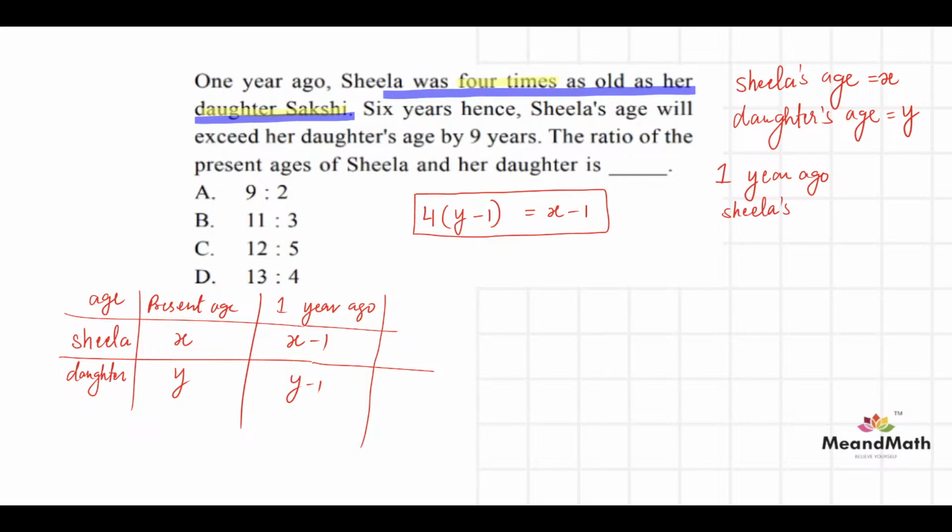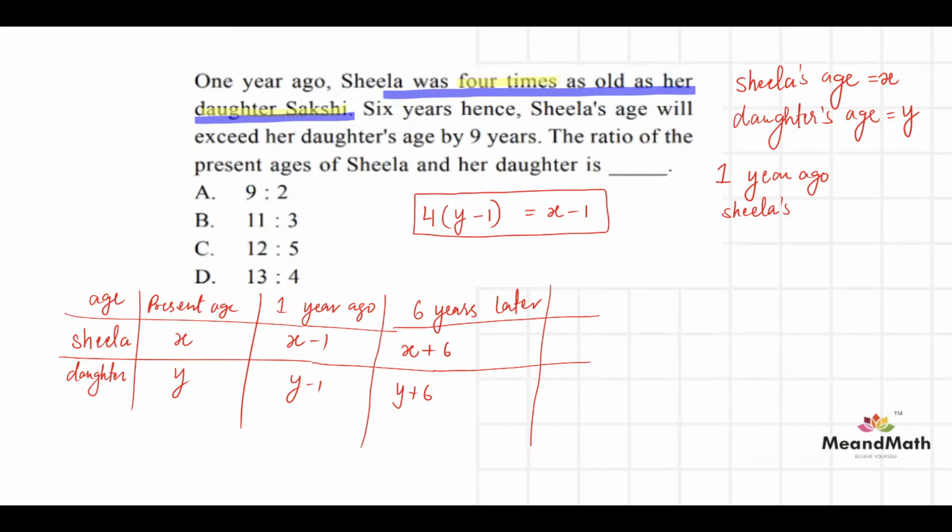Okay, 6 years hence, that means, now let's increase our table, 6 years later, it would be X plus 6 and this would be Y plus 6. We are doing X plus 6 and Y plus 6 from the present age, whatever it is, correct?